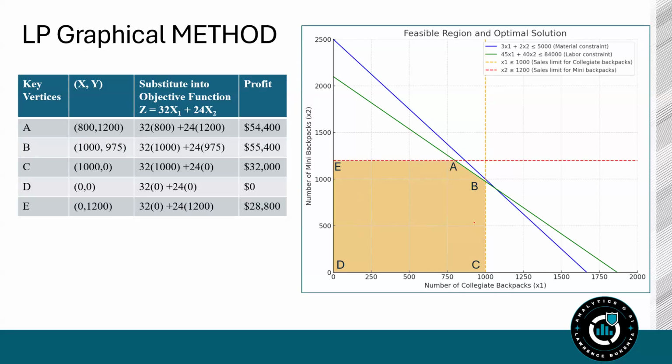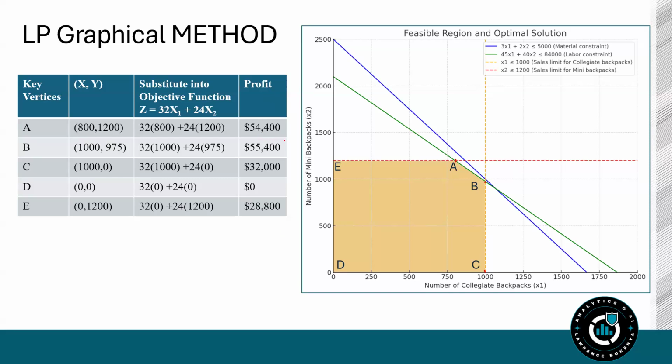That means any point within this orange region is a possible solution, but does not necessarily mean it's the optimal solution. So to know which one is the optimal solution, we pick all these points at the corners, right? And put them in the objective equation, and then see what value we get.